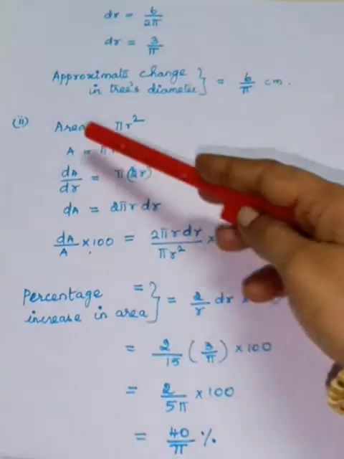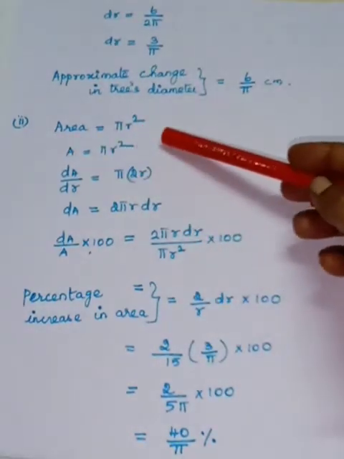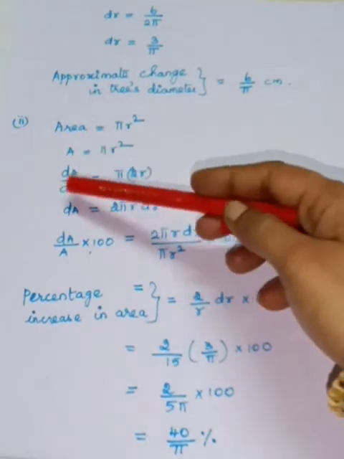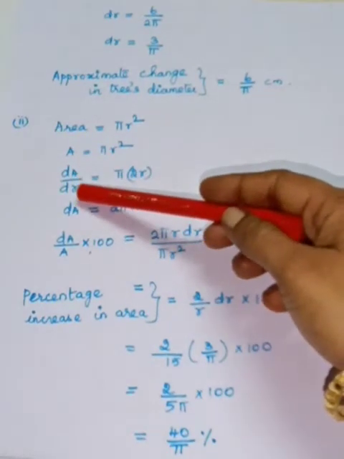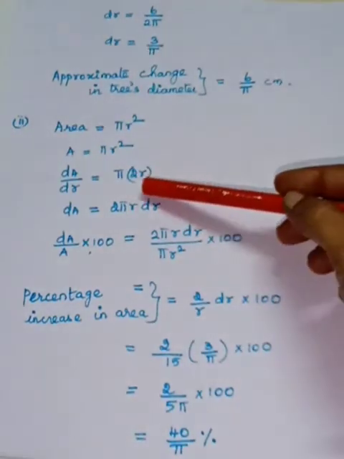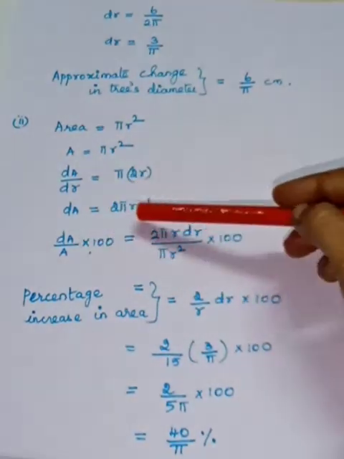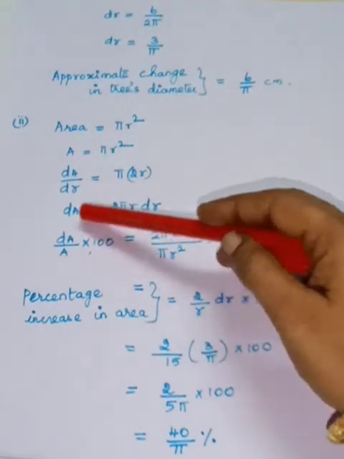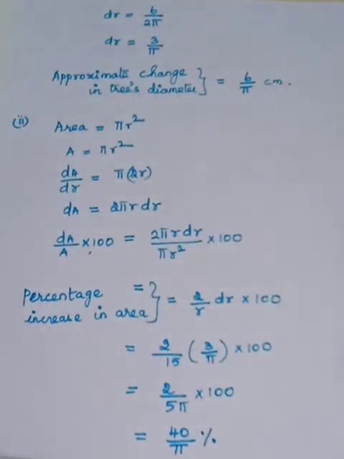So the area of the circle is pi r squared. So A is equal to pi r squared. You are differentiating A with respect to r. Pi is a constant. When you differentiate r squared, it is 2r. So dA is equal to 2 pi r into dr. What is this dA? It's a differential, otherwise the approximate change in area. That is 2 pi r into dr.